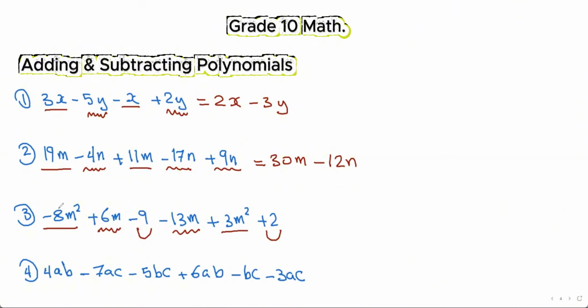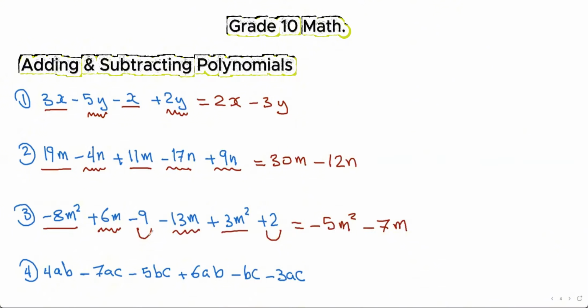So now I go -8m squared, jump over here because these are like terms right here. So -8m squared plus 3m squared, that will give me -5m squared. And now 6m minus 13m, that will give me -7m.